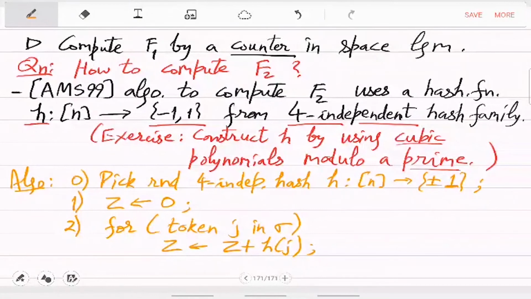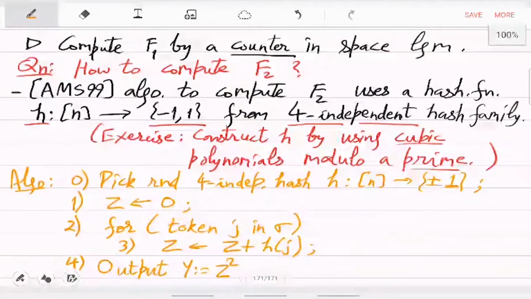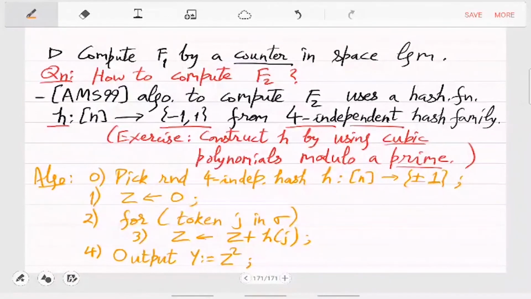Now what is the meaning of this Z? It's completely unclear. It's a magical thing. So the output, you simply output the square of this, Y. So Z may be negative, may be positive, but when you square it, it's always non-negative, and that is what you output.